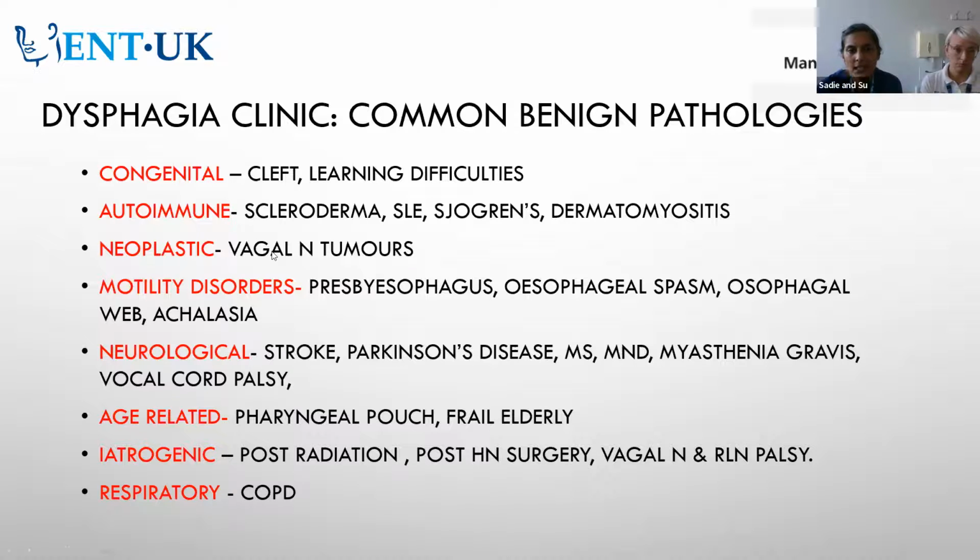Neoplastic lesions, again, head and neck tumors, but on the benign side, vagal nerve tumors, they are rare. We see probably about 2 or 3 per year. Paragangliomas, and the problem is the devastating effect of taking out the vagal nerve. It's just hard work, isn't it, for you guys to look after these patients, because it's a full-on dense problem with their voice.